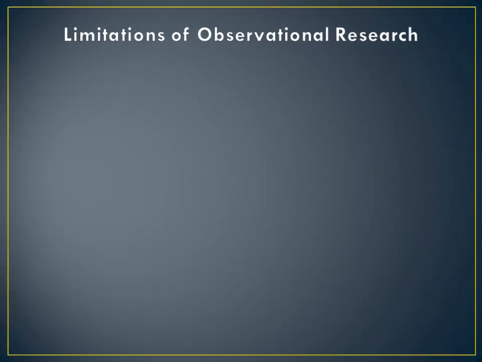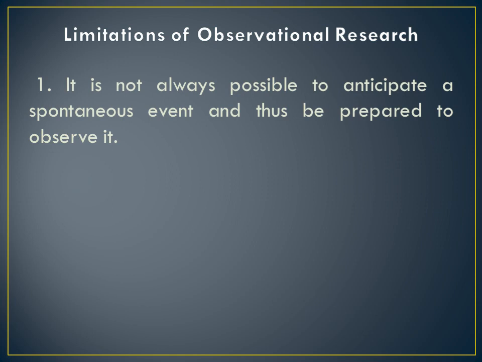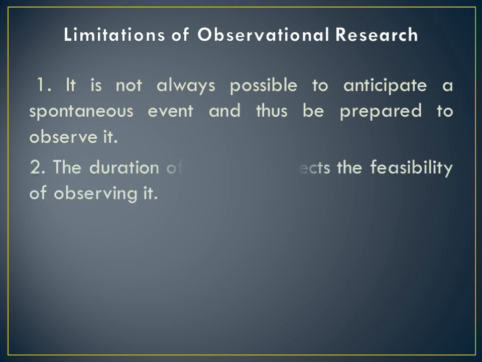Limitations of observational research. Observational techniques do suffer from a few limitations. Some of the more important ones are as follows. One, it is not always possible to anticipate a spontaneous event and thus be prepared to observe it. Some of the most critical activity at the library's online catalog, for example, may take place when no one is there to observe.